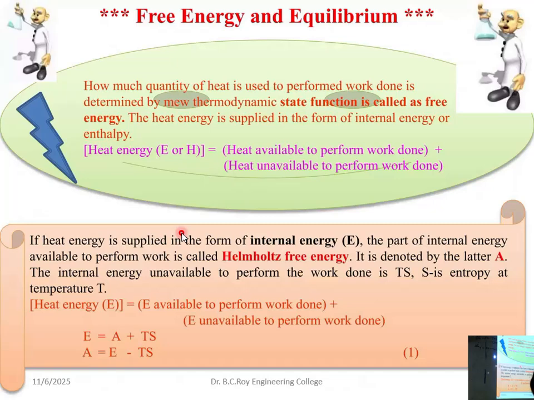The necessary and sufficient condition is that del G must be negative. And if del G equal to 0, equilibrium exists. In the equilibrium state, del G will be 0. So in general, del G less than or equal to 0 is called the feasibility condition.